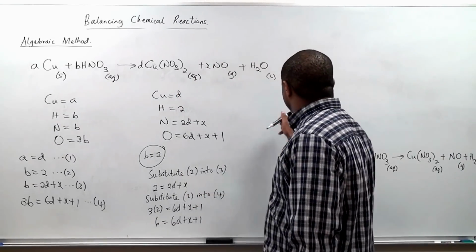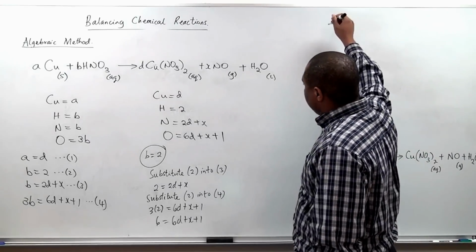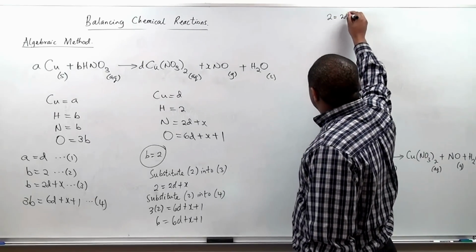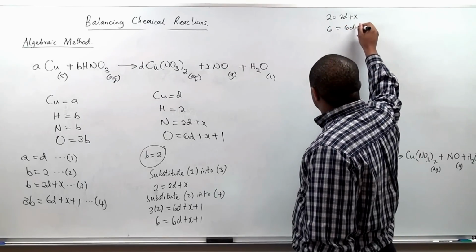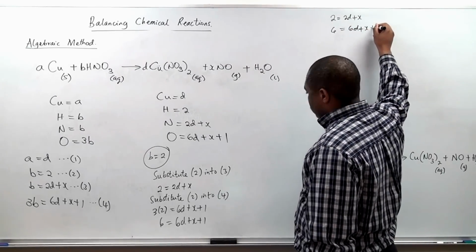So let's get these two together now. We are going to solve linear systems. 2 is equal to 2D plus X, and 6 is equal to 6D plus X plus 1.